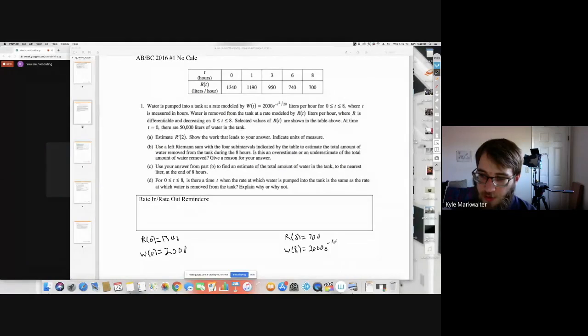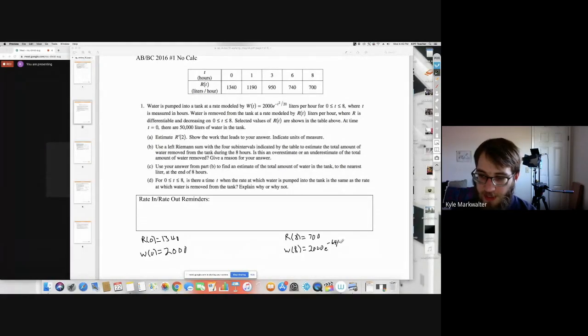Okay, that's just 2000. And then at the end of our 8 hours, W of 8, what is it going to be? It's going to be 2000 e to the, I'm going to plug 8 in here, so it'll be negative 64 20ths.